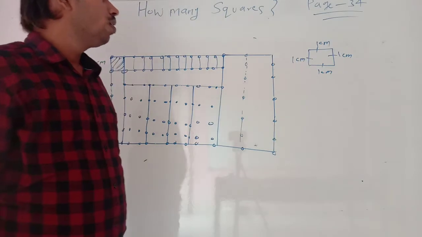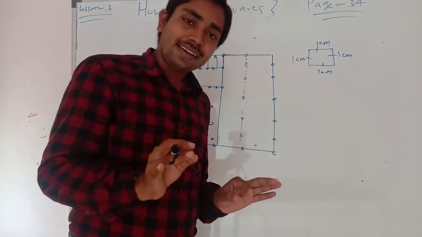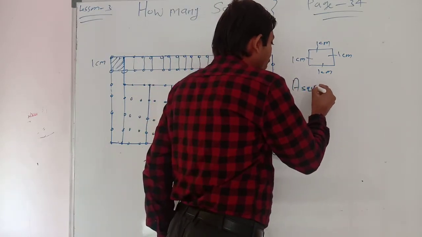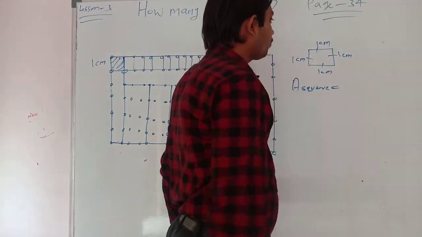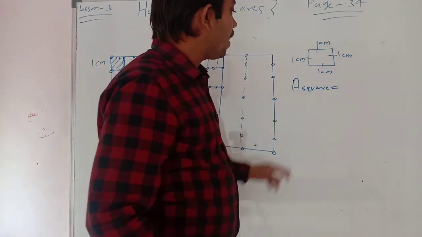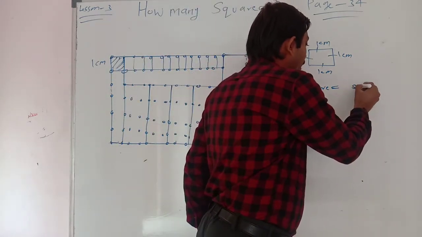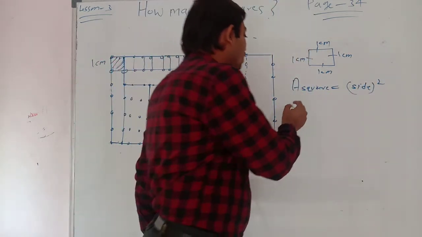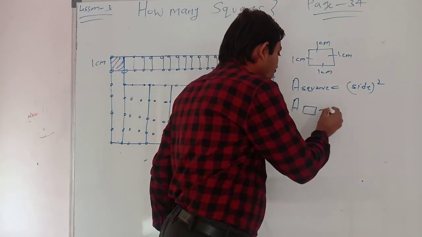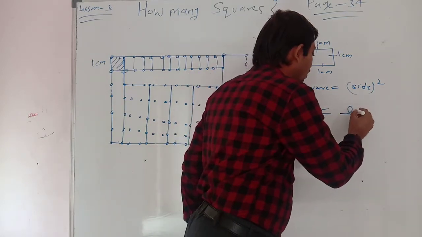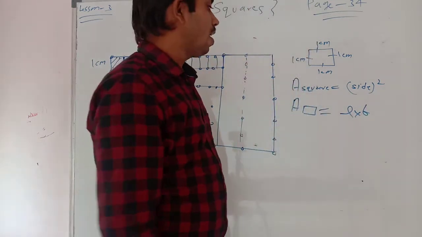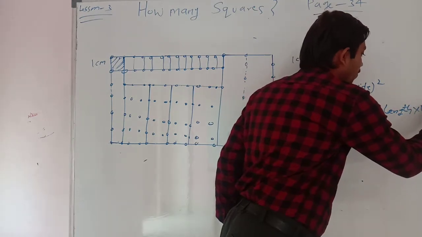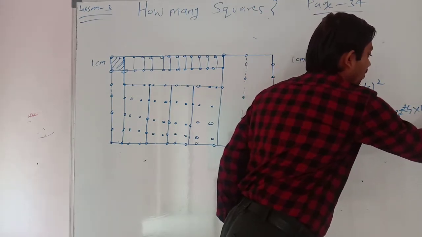Keep in mind, what is the formula to find the area of a rectangle or square? Area of square is equal to side squared, and area of the rectangle is equal to length into breadth.